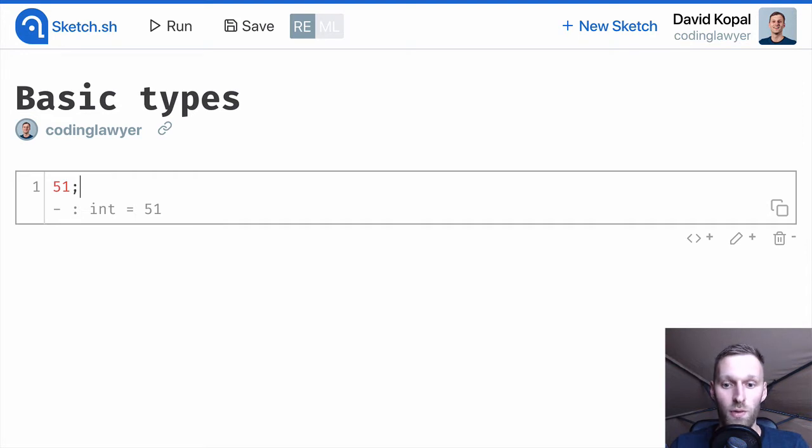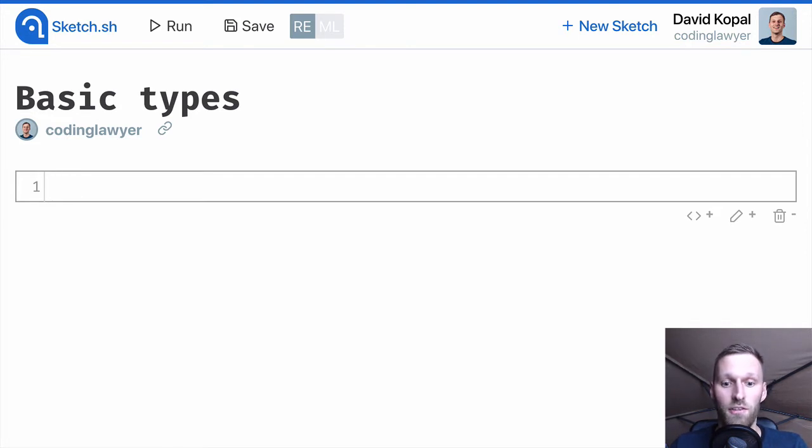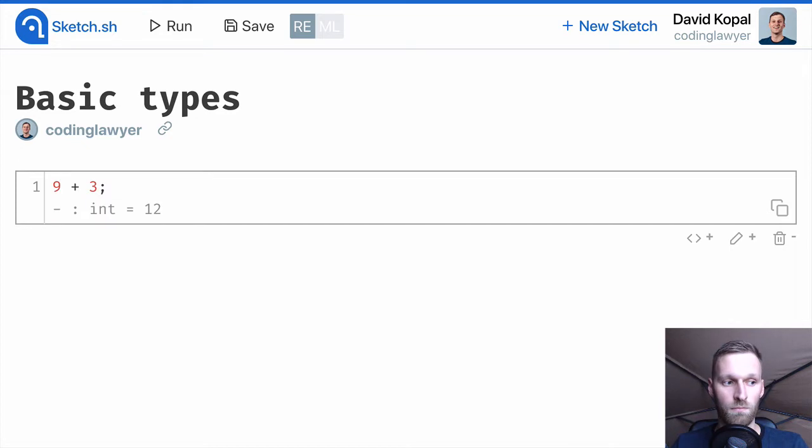Now, since we are dealing with integers, we can perform arithmetic operations using addition, subtraction, multiplication, or division. So let's start with simple addition. As you can see, 9 plus 3 is 12, and the result is again an integer.